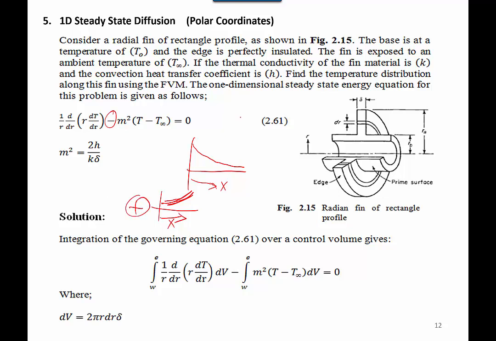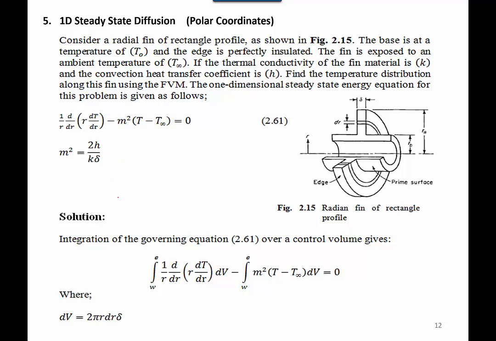Therefore, we have to distinguish directly by looking at the general differential equation and seeing the sign of the source term. If it is negative, it is a sink term, and if it is positive, then it is a source term. The m squared is given by this value.